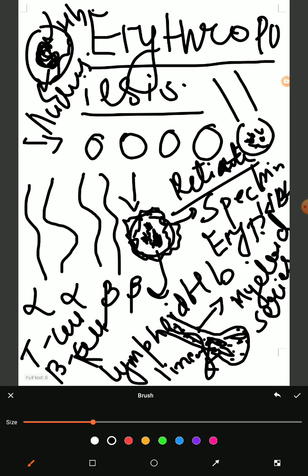and changing it into the normoblast cell. When it reaches the reticulocyte stage, which takes about, let's say, 4 days, then about 80% of the nucleus is replaced by hemoglobin.